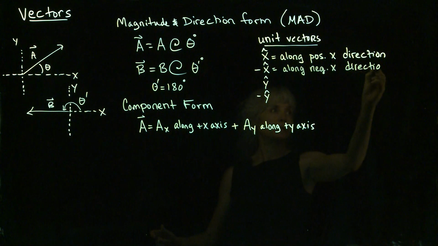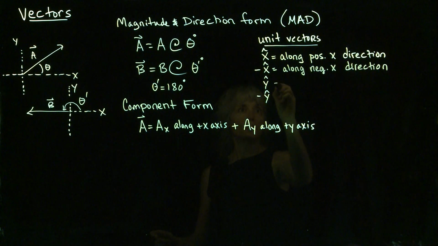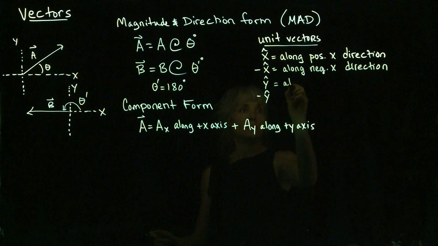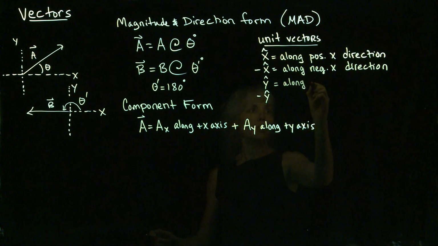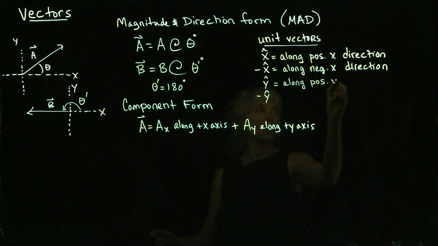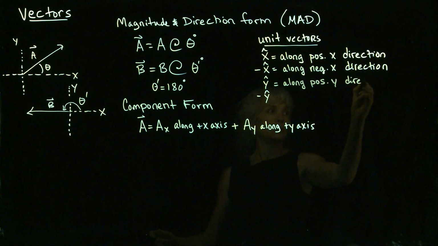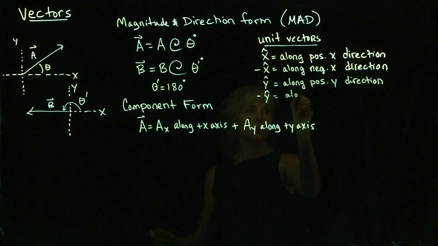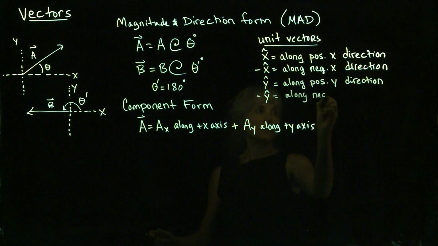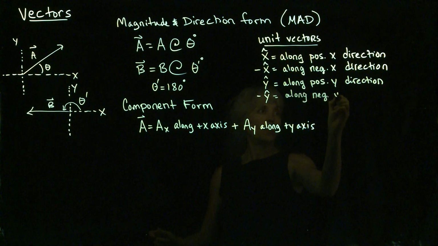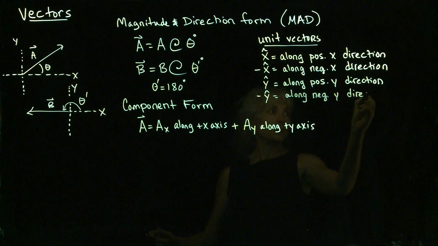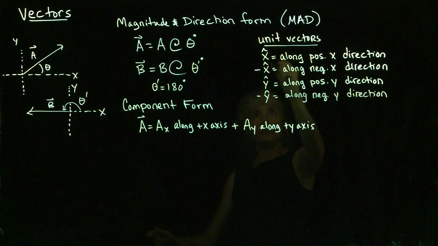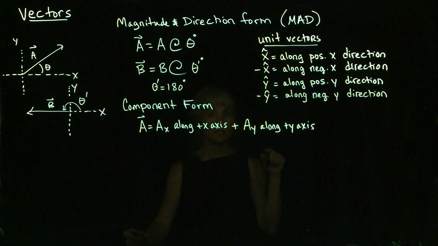And likewise, y hat and minus y hat. Positive y hat is along positive y direction. And negative y hat is along negative y direction. So there are the 4 unit vectors that we'll be using in this class.